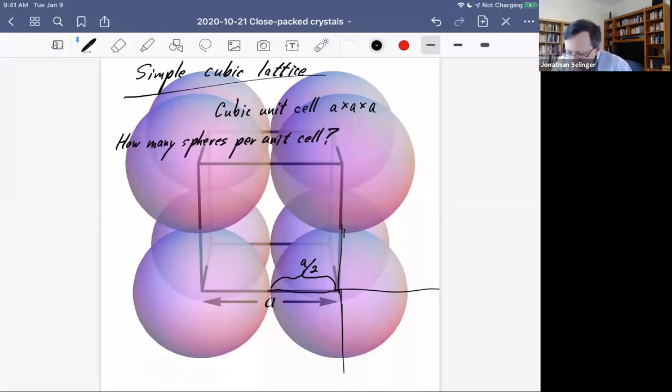And so 1/8 of the corner sphere is inside of the cube, right? So we have 8 times 1/8 of a sphere. So that is equal to 1 sphere per unit cell.